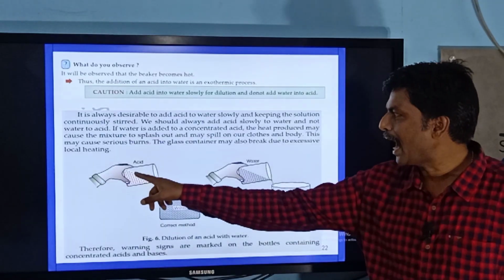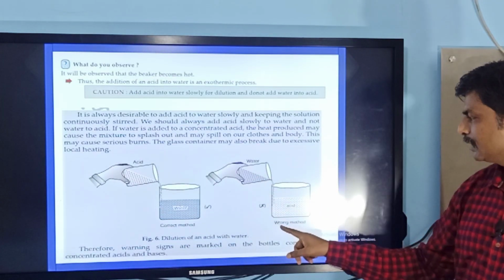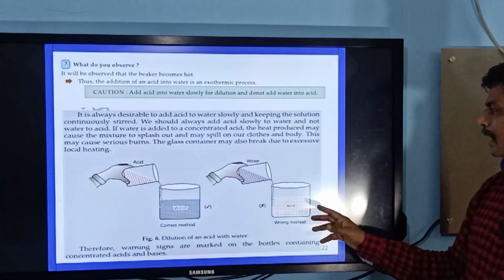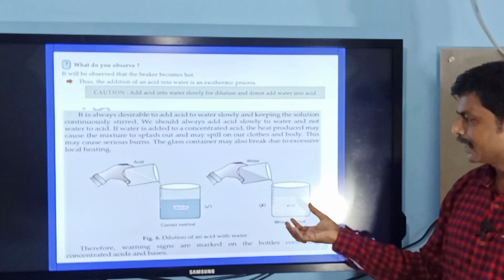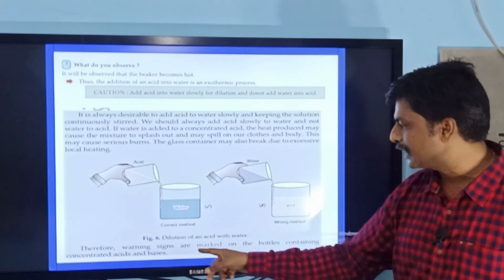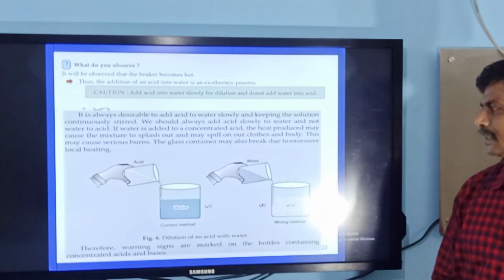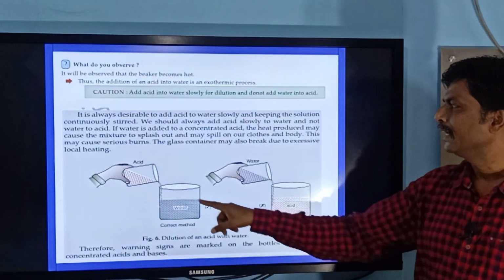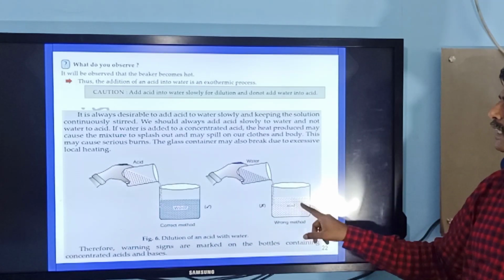So adding acid to water is the correct method. If you are adding water to acid, it is the wrong method. Sometimes an explosion will take place because it will cause a vigorous reaction. Therefore, warning signs are marked on the bottles containing concentrated acids and bases. Addition of acid to water is correct. Addition of water to acid is incorrect.